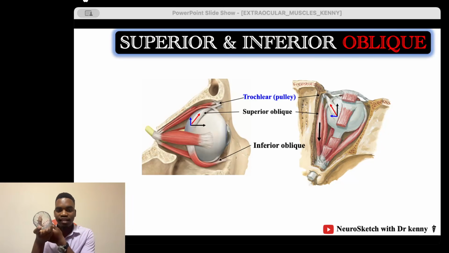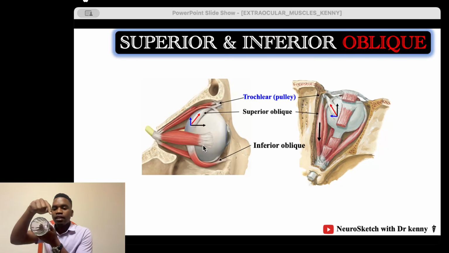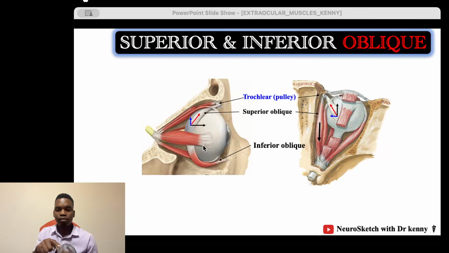So this is the right eye. The superior oblique muscle will insert somewhere around here, just behind, on the lateral side. So pulling this muscle, number one, it will rotate the globe medially. So it will have the medial rotation, because it inserts somewhere here.